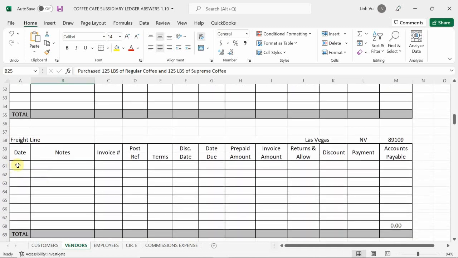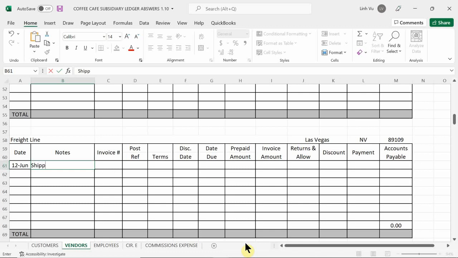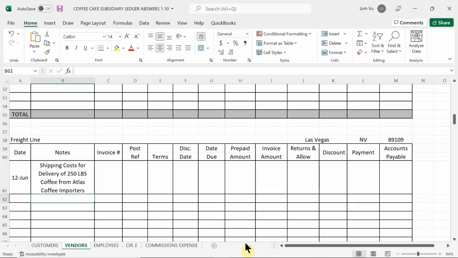So here's Freightline. Okay, it's 612, right? I'm going to go ahead and say shipping cost for delivery of 250 pounds coffee from Atlas Coffee Importers, right?